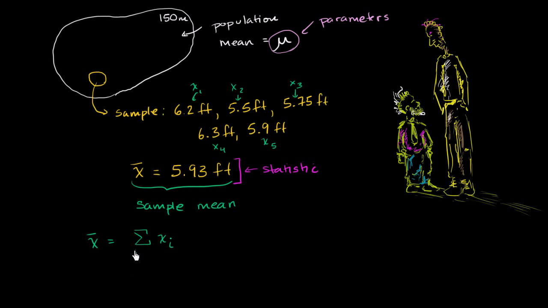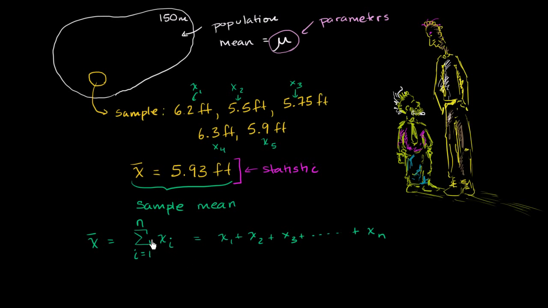The i's are going to start at 1 until the size of our actual sample, so all the way until n. In this case, n was equal to 5. So this is literally saying, this is equal to x sub 1 plus x sub 2 plus x sub 3 all the way to the nth one. Once again, in this case, we only had 5.